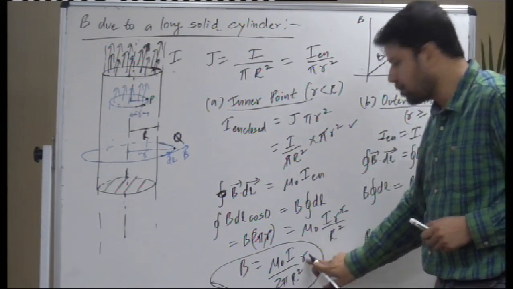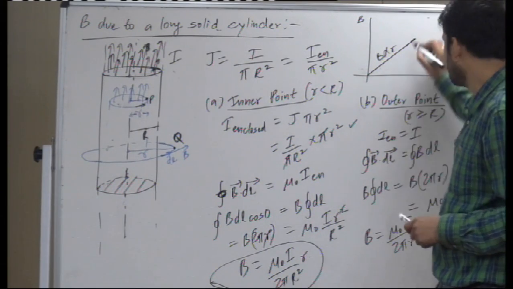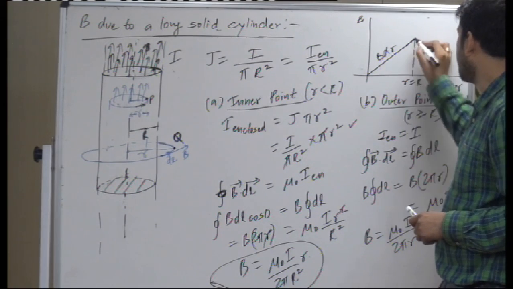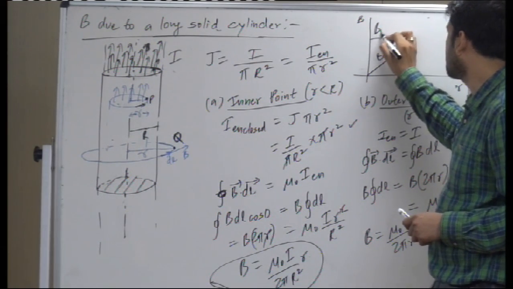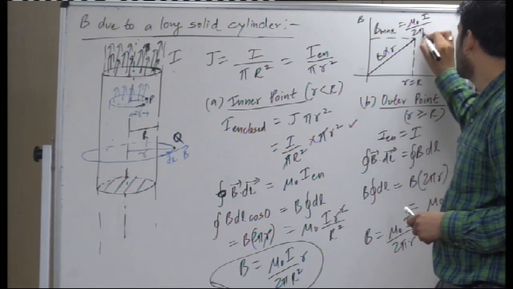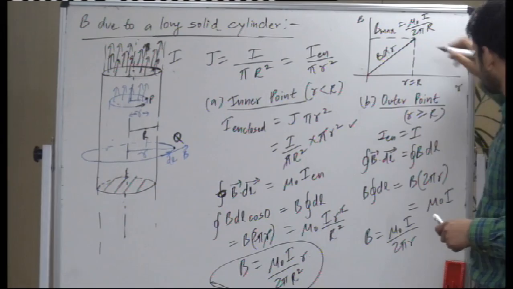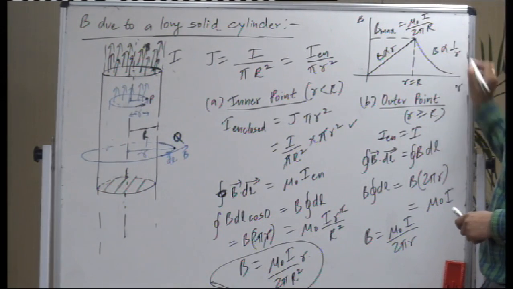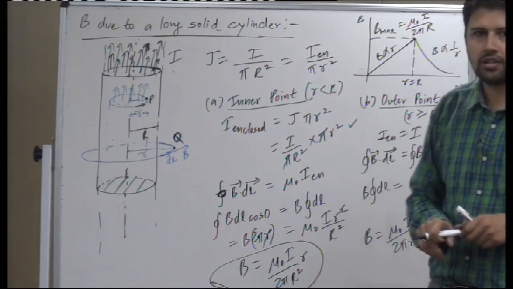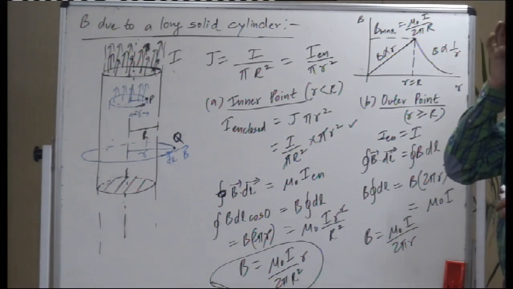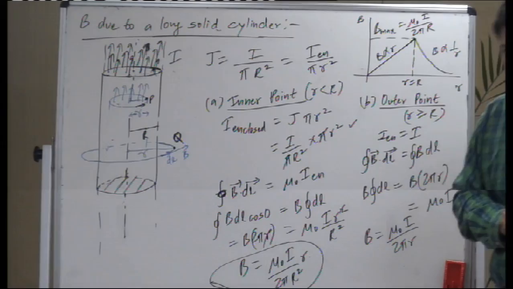When r is equal to capital R, the value reaches maximum, and the maximum value is mu naught I upon 2 pi R. Afterwards, it reduces and follows the same rectangular hyperbola graph, an asymptotic curve.